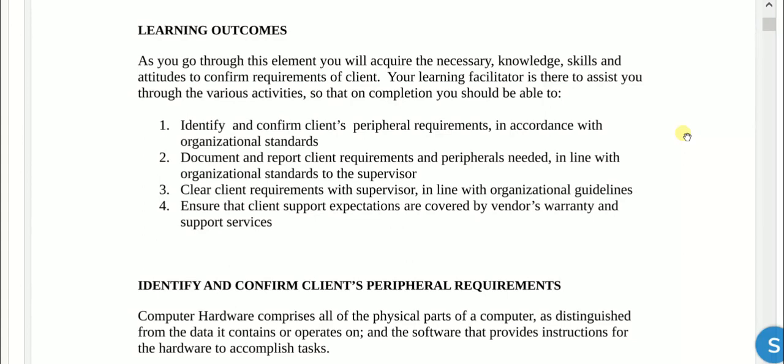So let's say you are given a job to fit an office, as it relates to various types of devices. What are some of the devices you think you will normally find in an office?